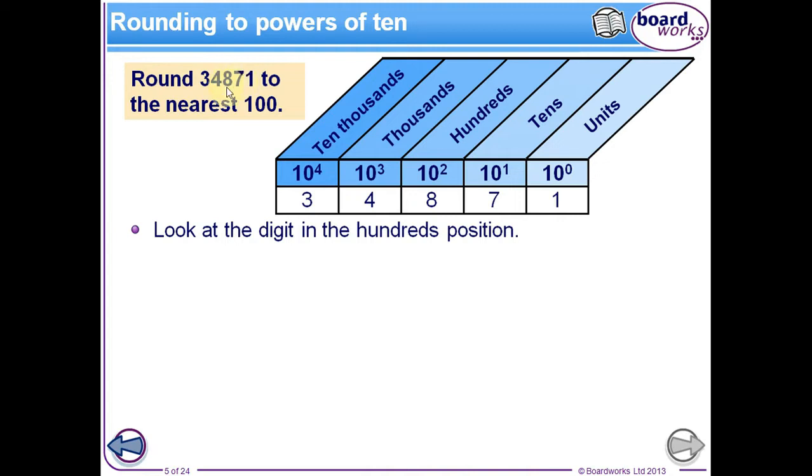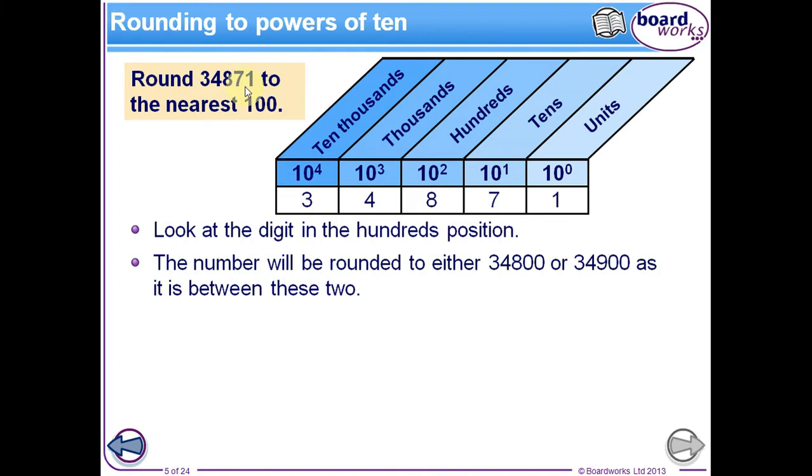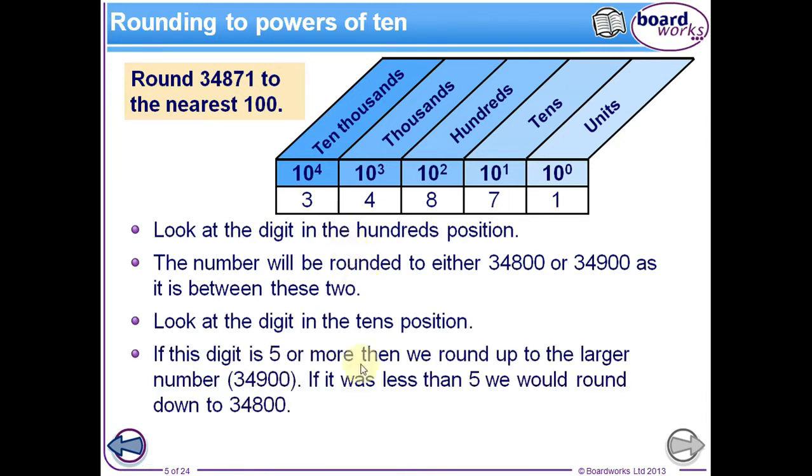If you look at this problem, you look at the digit in the 100 position. The digits from the hundreds place down are 871. So 71 will go to 0, so that will be 348. But now we also look at the 10th digit, this 7 here.